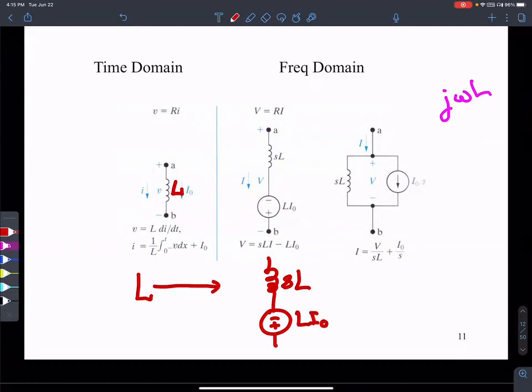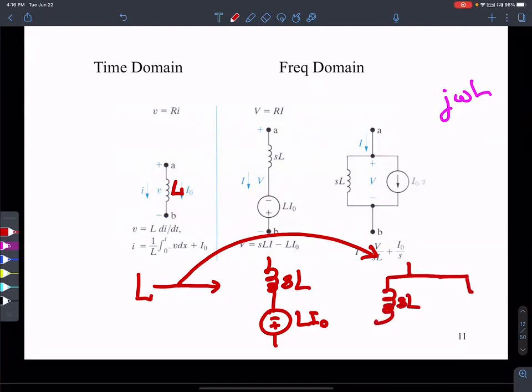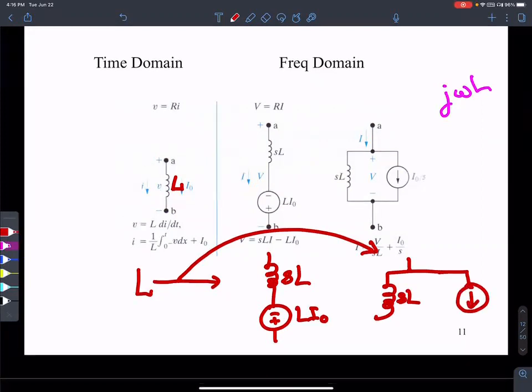That's one representation of it. Or if you need a current representation, you can represent it as an inductor sL with some current I0 over s.